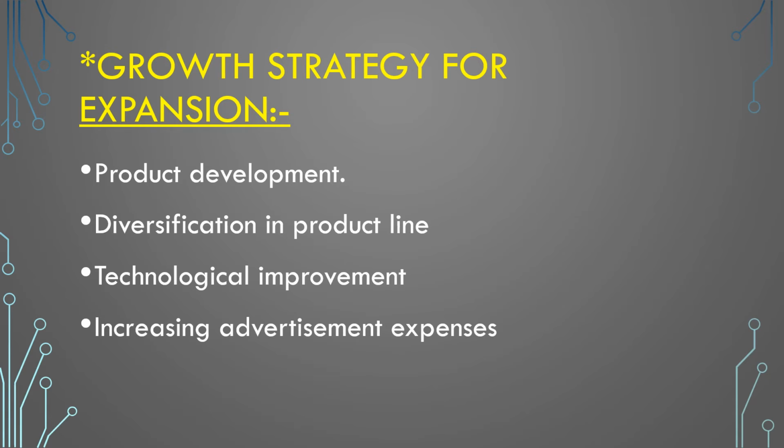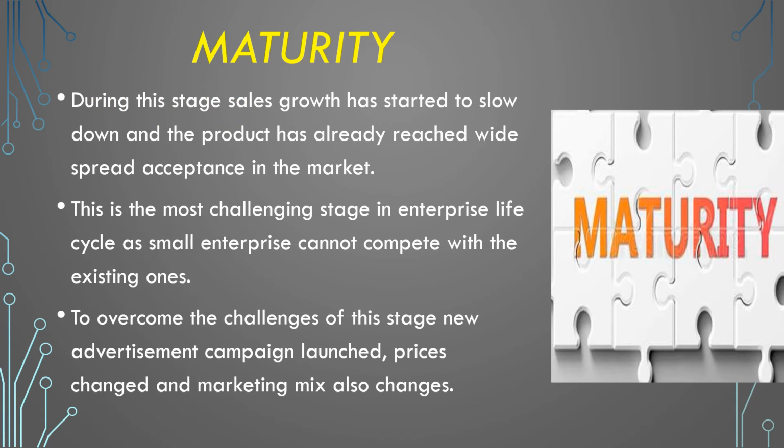Now, our next stage is the maturity stage. At some point in the product life cycle, product sales start slowing down, mainly due to increasing competition. As a result, profit tends to decline. Such a stage is called the maturity stage.